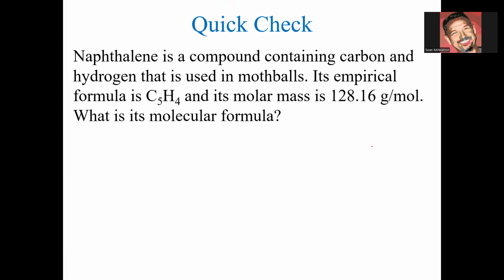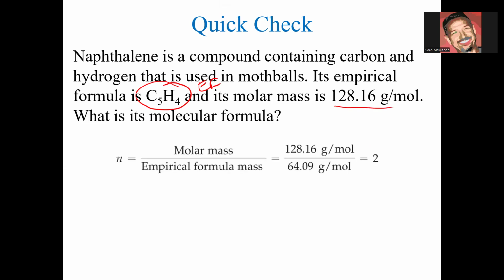So in this example problem, we're asked to find the molecular formula given the simplest formula, or the empirical formula, C5H4 with a molar mass of 128.16. So the way we did this last time is we took the total molar mass of 128.16. We determined the empirical formula's molar mass by going 5 times carbon plus 4 times hydrogen.